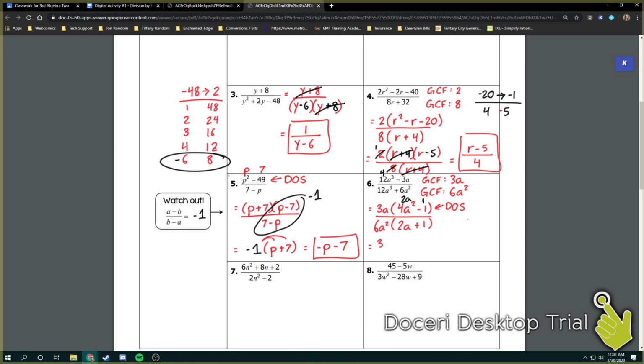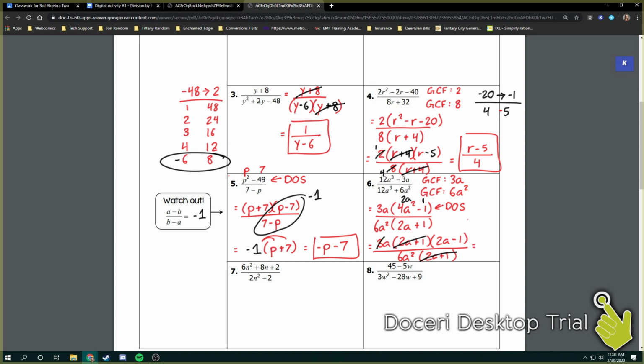So we've got 3a, 2a plus 1, 2a minus 1, all over 6a squared, 2a plus 1. Okay, now look at anything I can cancel out. So the 2a plus 1 expression is the same on both top and bottom, so that's going to go.